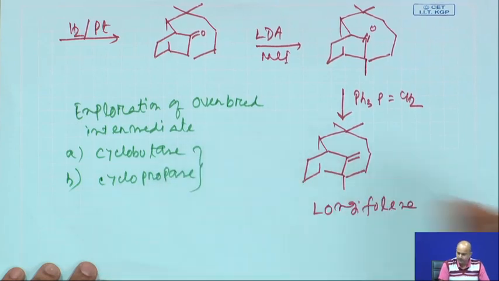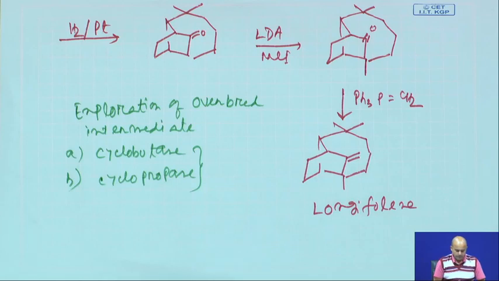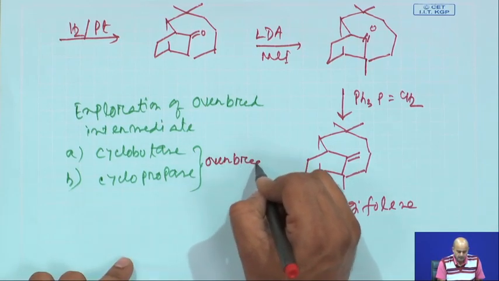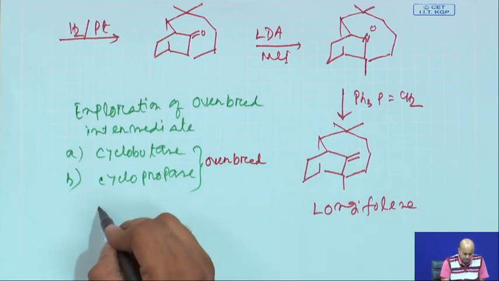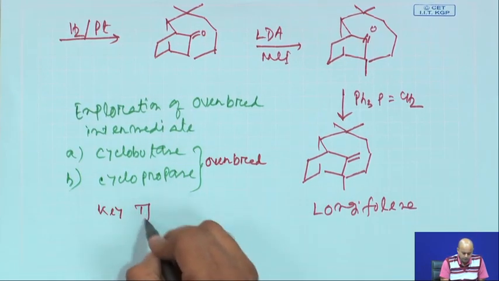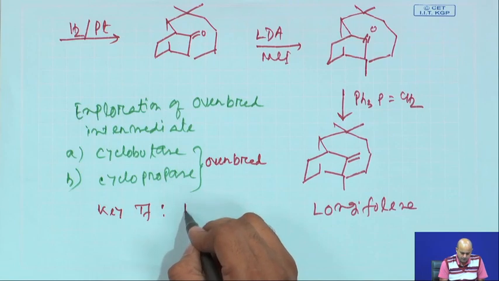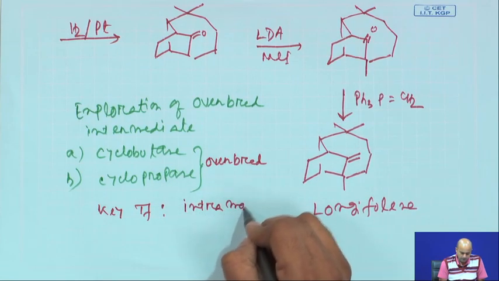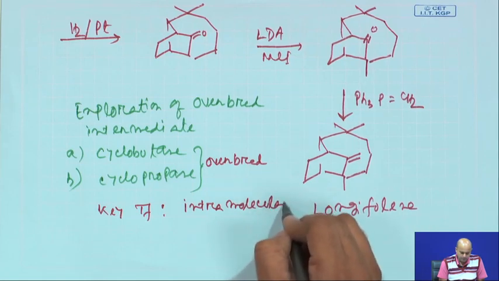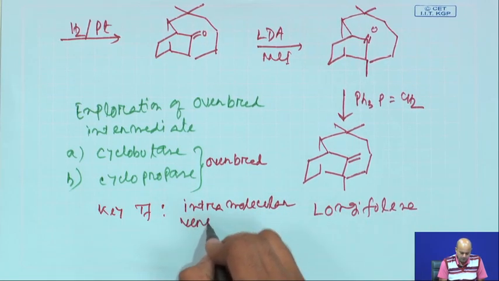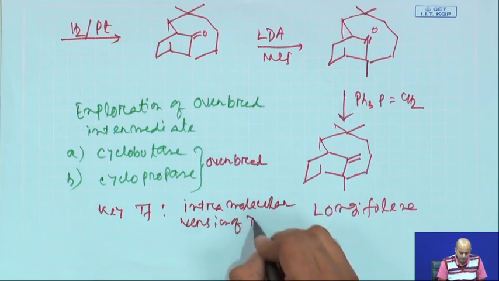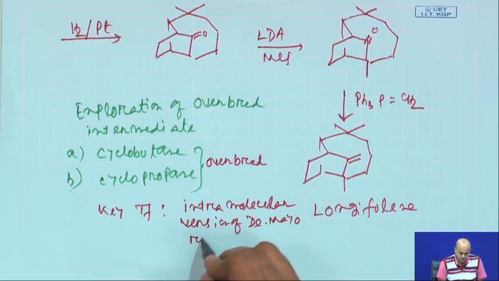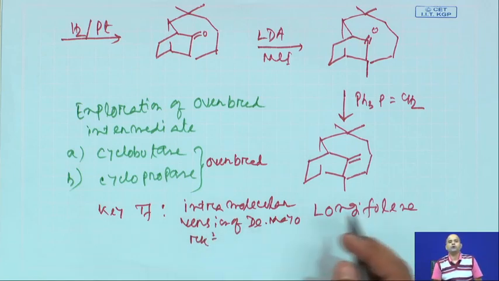So, both the overbreds in principle were used here, and the key transformation which helps you, as we already talked earlier, is an intramolecular version of the Mayo reaction. What is that? Basically a 2+2 reaction followed by a retro-aldol cleavage.